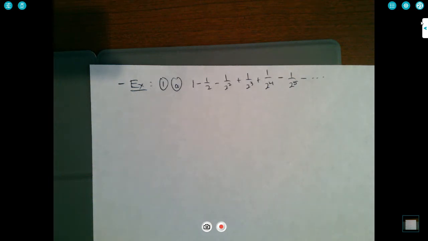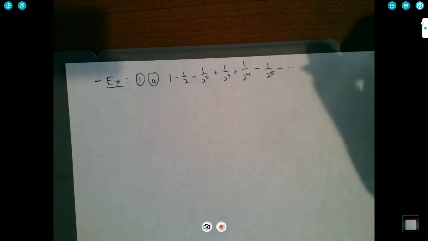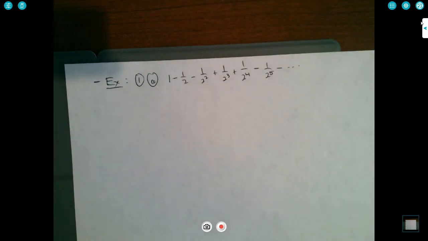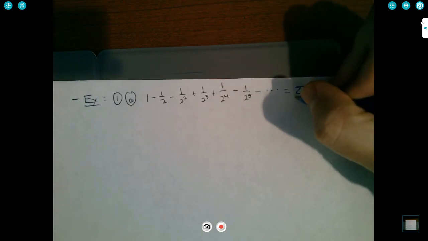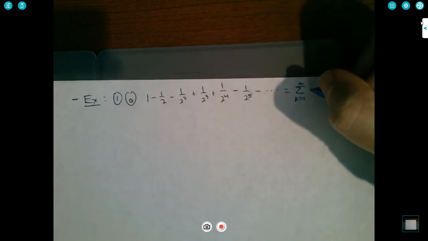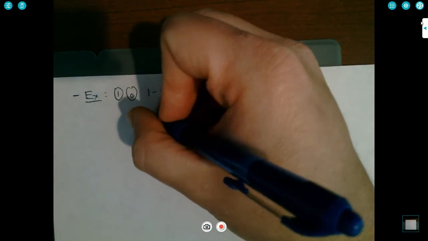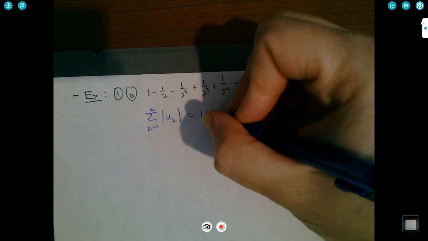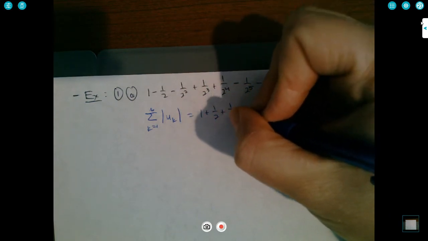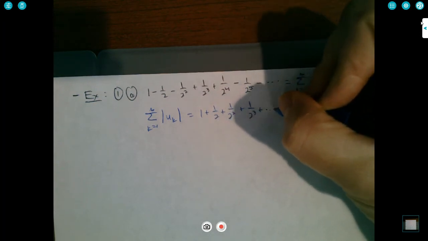So to determine if this thing converges absolutely, we can just look at the absolute values. If I call this thing the sum from k equals 1 to infinity of u sub k, then the sum from k equals 1 to infinity of the absolute value of u sub k is going to be 1 plus 1/2 plus 1 over 2 squared plus 1 over 2 cubed, and so forth.